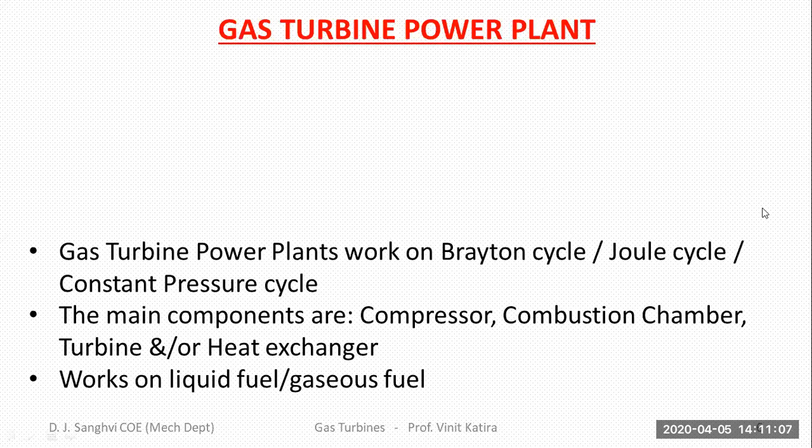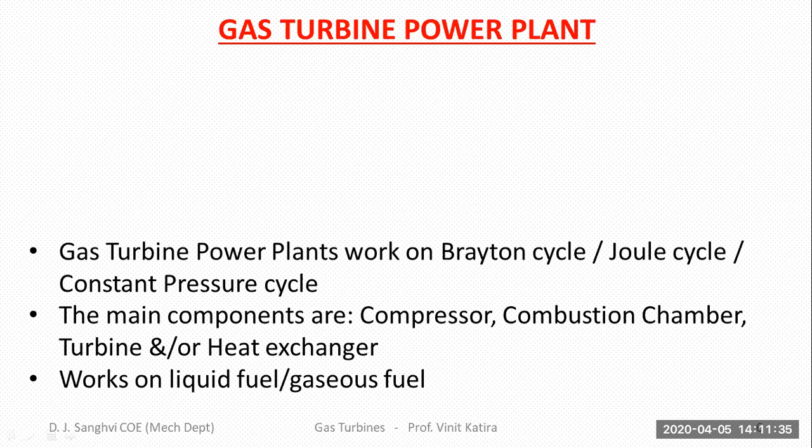Okay, the main components of a gas turbine power plant are a compressor, a combustion chamber, a turbine, and a heat exchanger, depending on the type of gas turbine power plant. It basically works on liquid and gaseous fuel.